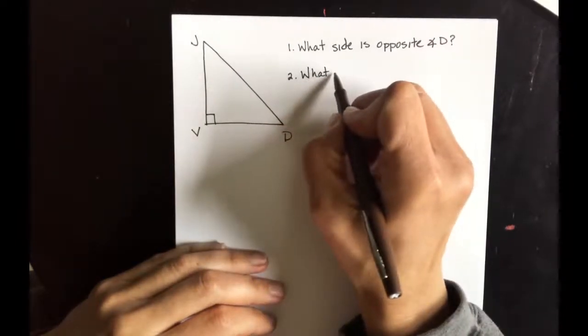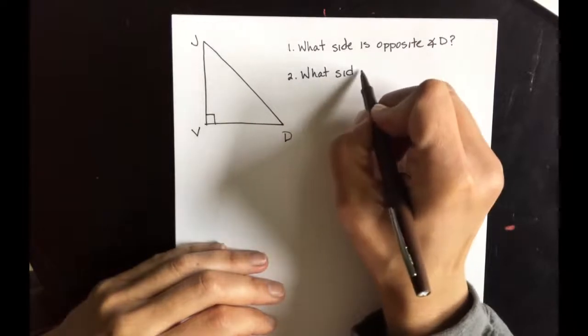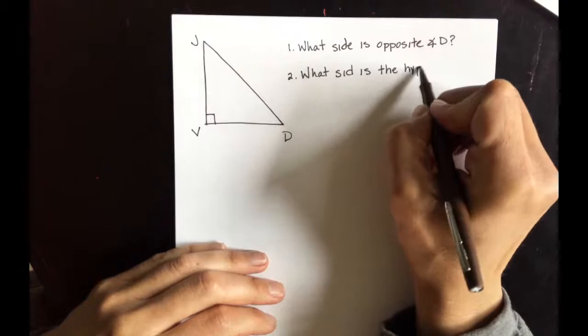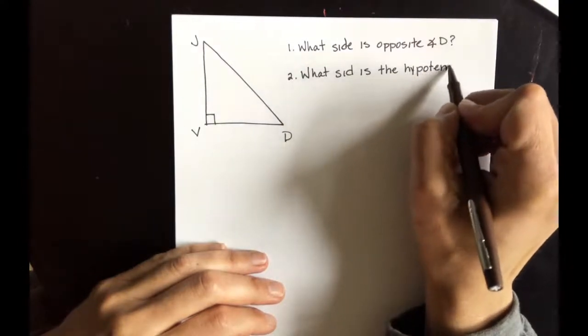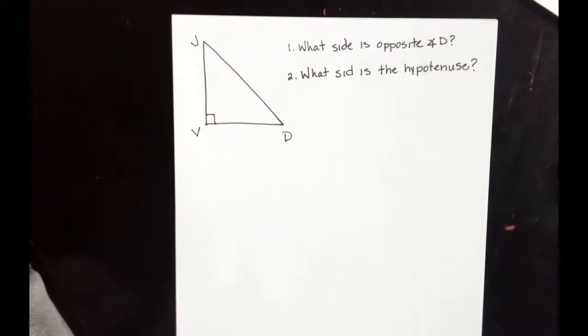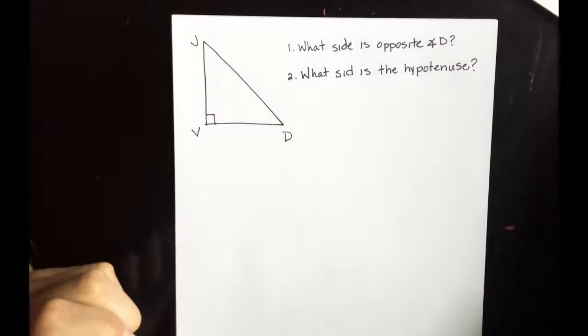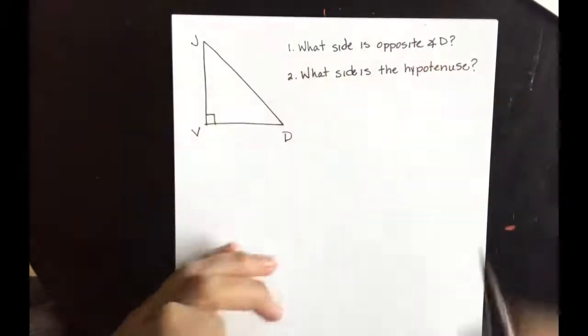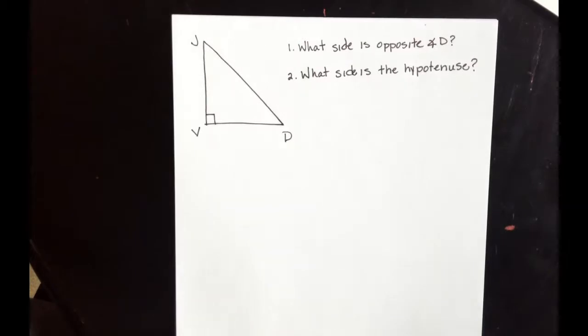If you know this answer, what side is the hypotenuse? Put number 2 and give me that answer. So again, number 1, what side is opposite angle D, and number 2, what side is the hypotenuse.